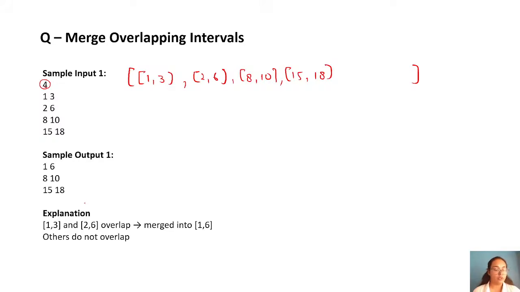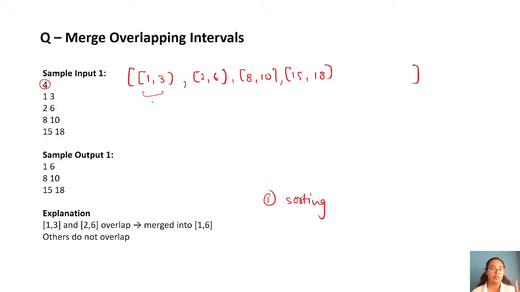Now what you have to do is merge all the overlapping intervals. To merge them, I would suggest the first thing you should do is sort this particular array. And on which basis, because there are two numbers in every element?